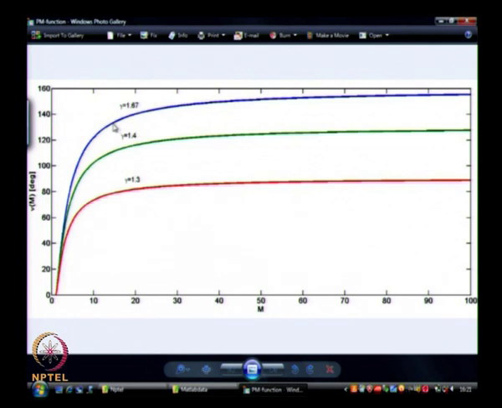What we are seeing here is specifically, let us pick gamma equal to 1.4, the green one. It starts here, and they are all almost the same for very small Mach numbers up to 2 or something, there is not much variation in the angle.